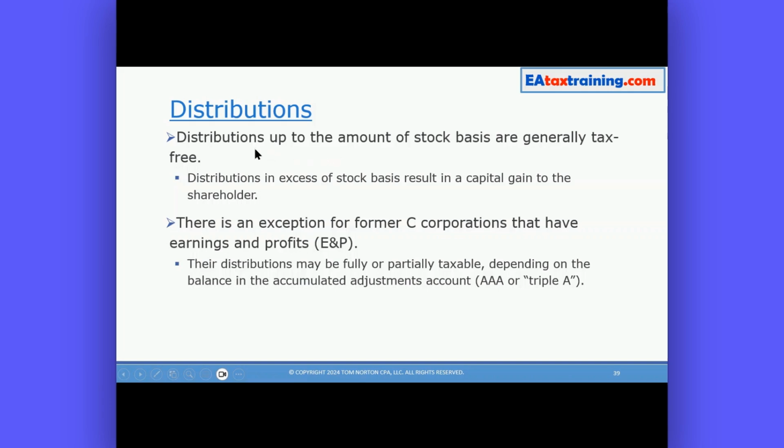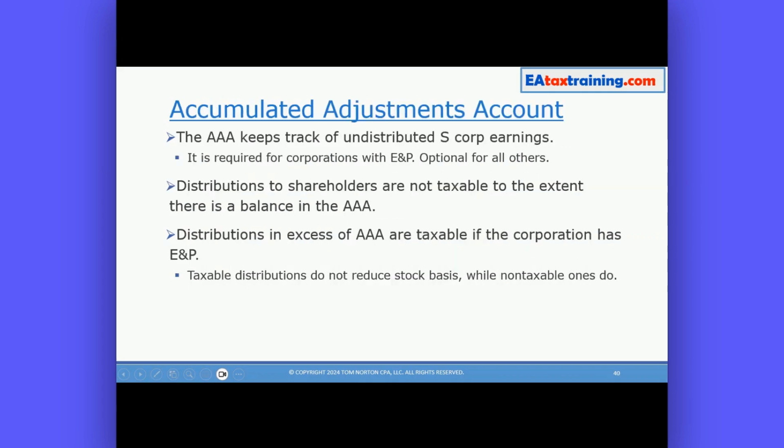So while usually distributions from an S Corp are going to be tax-free up to the amount of stock basis, if that S Corp used to be a C Corp and they have earnings and profits from when they were a C Corp, then those distributions might be fully or partially taxable depending on the balance in something called the accumulated adjustments account, which we commonly refer to as AAA.